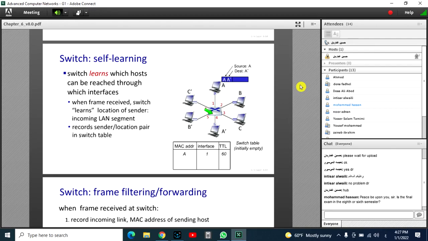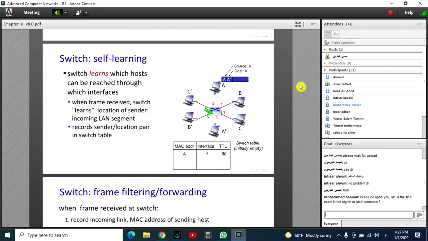Okay, the switch will learn the data using this self-learning strategy.